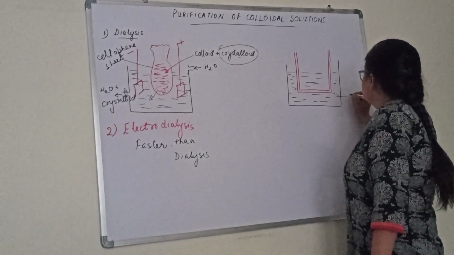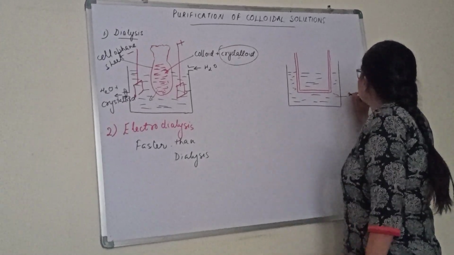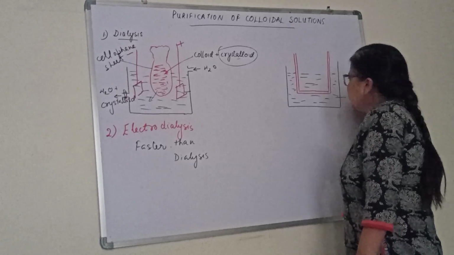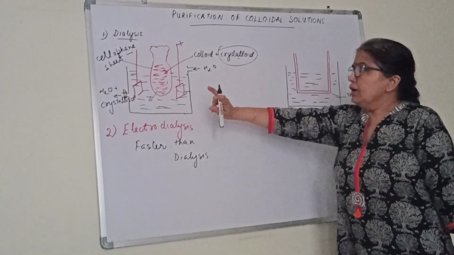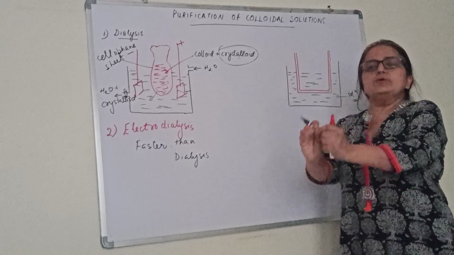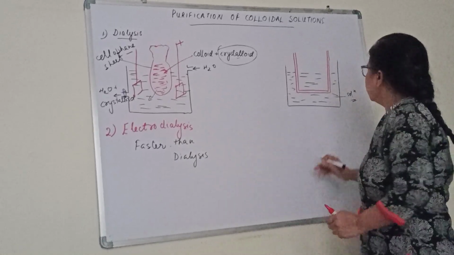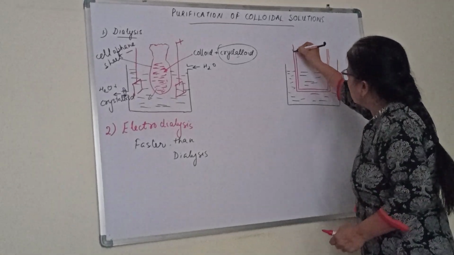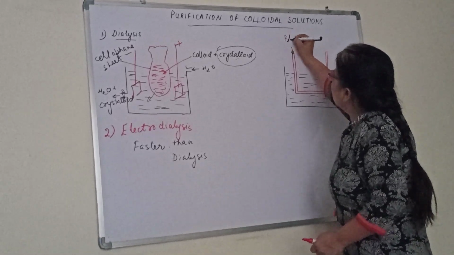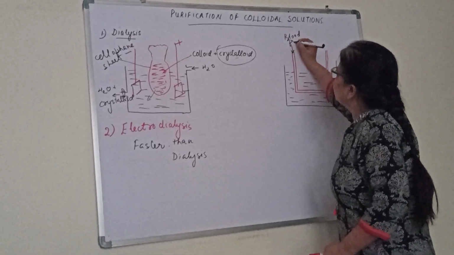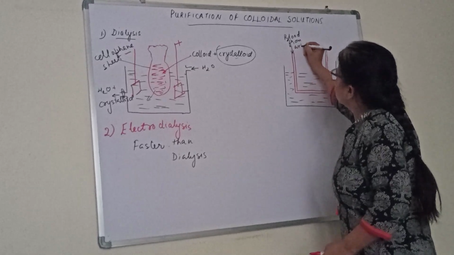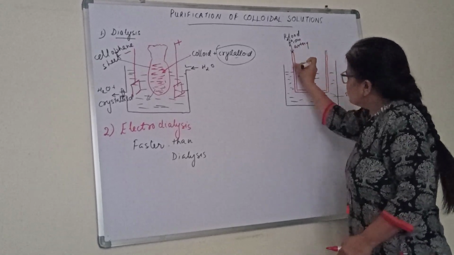Here there is a solution which we are taking, maybe not particularly water, some suitable solution. And here there is one inlet, that is blood from the artery, which is poured through a tube.